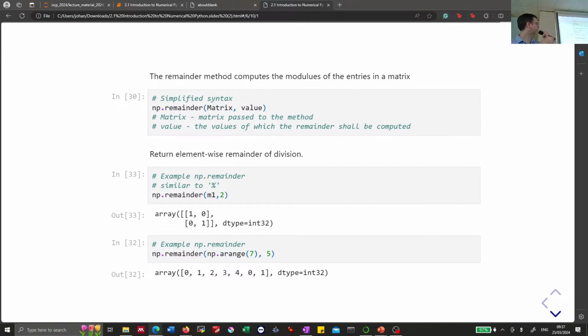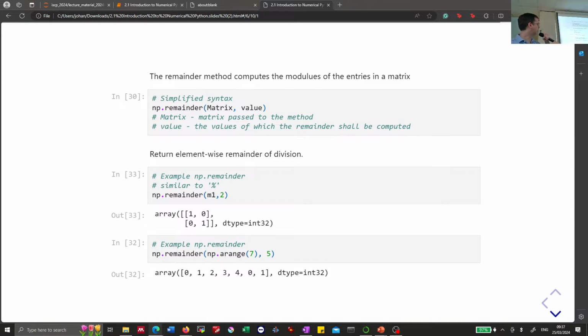And then we do a remainder. Of course, 0 divided by 5, we have 0 remainder, and 5 divided by 5, we have 0 remainder. But until then, we have an increasing number of elements with increasing value.